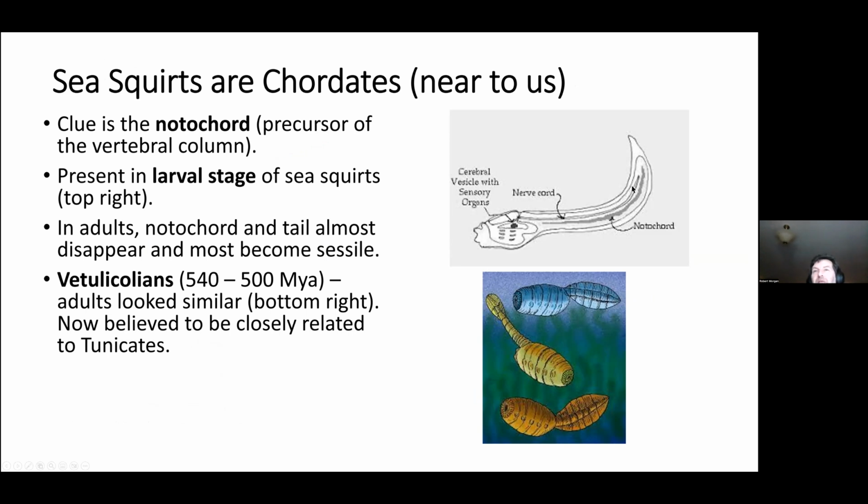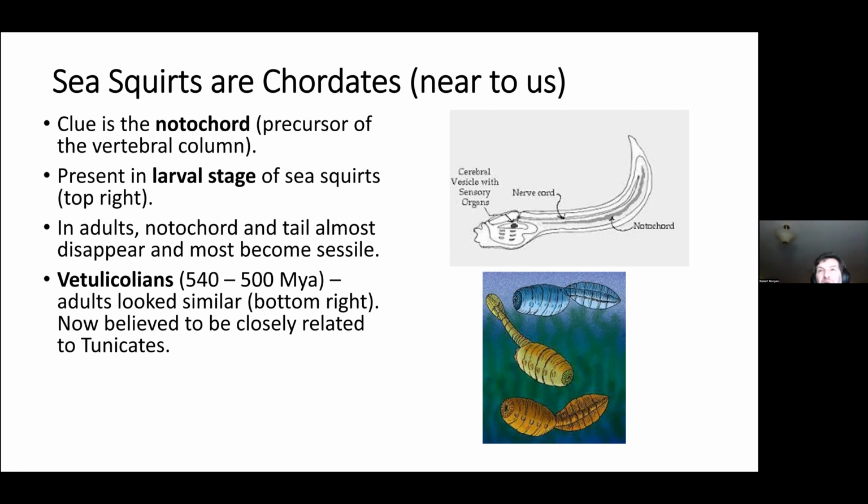It's not actually bony, but it's like a rod of semi-rigid tissue, and sea squirts, when they are larvae, have actually got this thing, and the larva of a sea squirt does look a bit like maybe a tadpole, for example. It's got a body and a short tail and something vaguely like a head with a mouth and an anus.